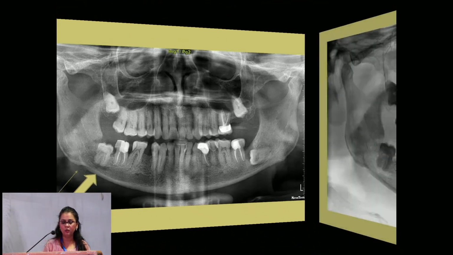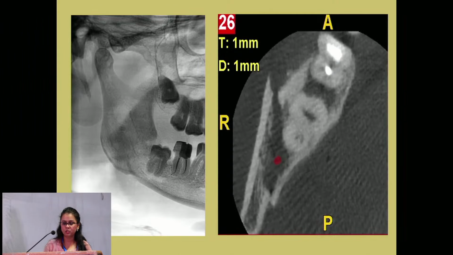Then I got the OPG done. Later on, the swelling did not subside, and the CBCT was done. Here you can see it's not a step formation only, the whole angle of the mandible portion has actually come up. It's an unfavorable fracture.